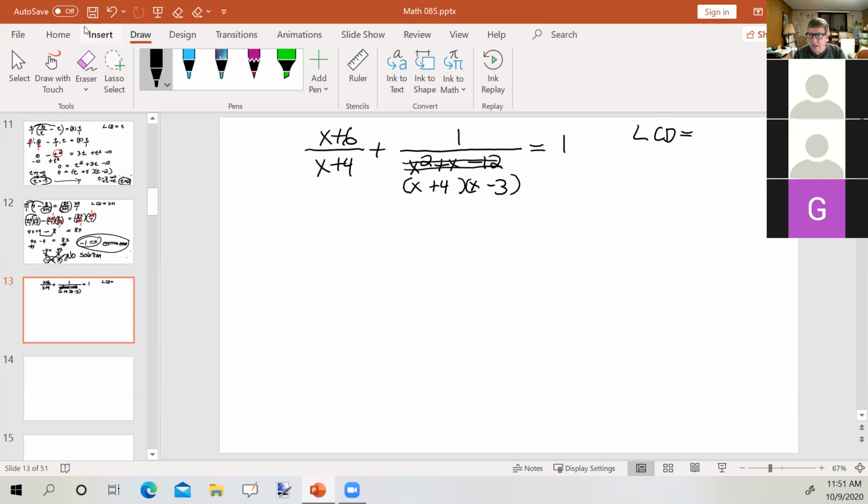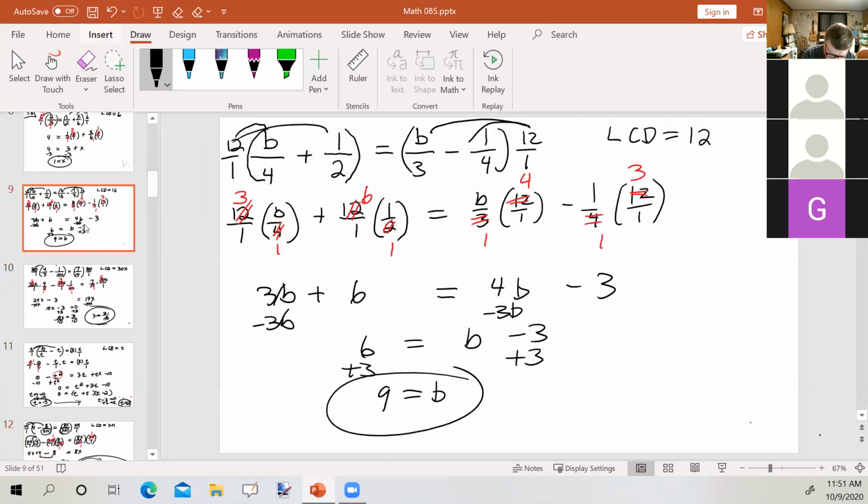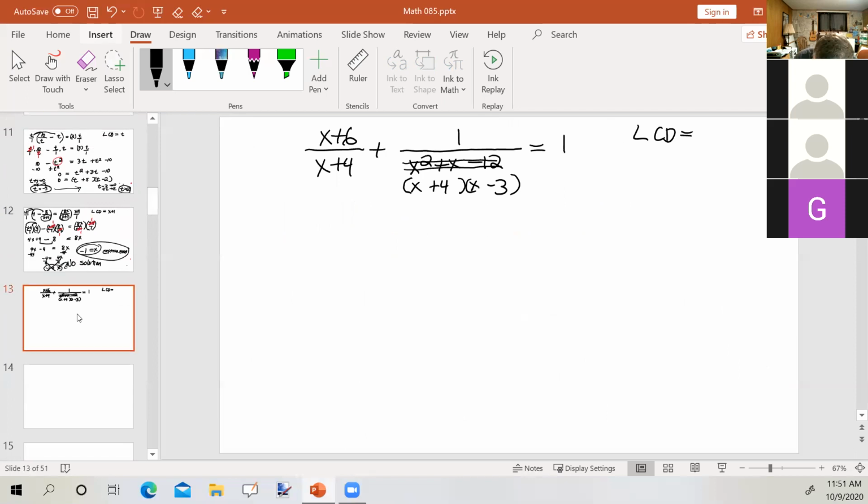We just need the highest power within each single fraction. For instance, here, even though there were 2 4s, we didn't include 16 as part of it. We just took the highest power of each, right? So you are correct in that we just need an x plus 4, just one of them, and an x minus 3, just one of them. Okay?